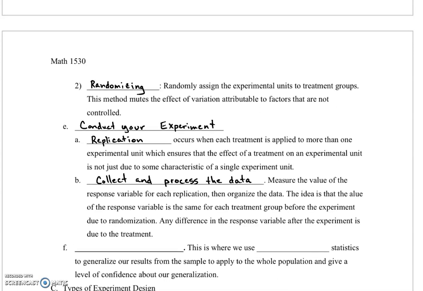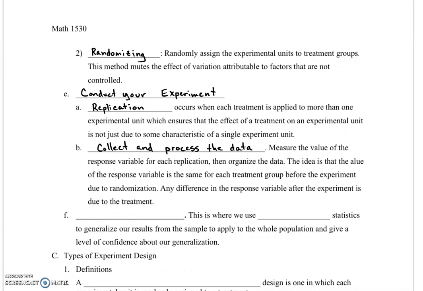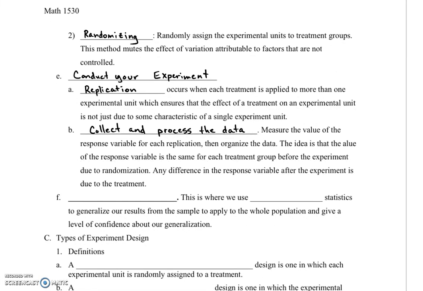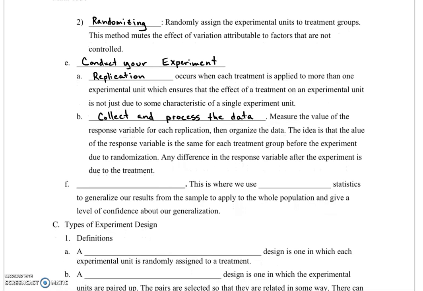And ideally, you should publish that data so that people can check your math, etc. So the way we do that, of course, is just measure the value of the response variable for each replication, meaning for each individual in the experiment. And then you organize the data. And Chapter 2, which we'll be tackling next, teaches us about ways we can organize data using tables and graphs and that kind of thing, charts.